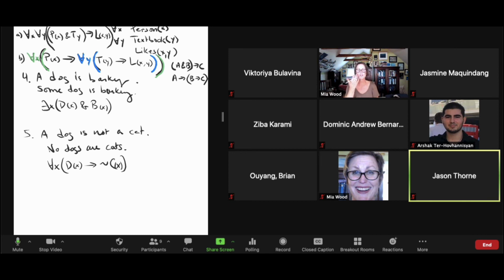So here's a loose way of reading back out the sentence that you wrote. There is something, if it's a dog, then it's barking. What do we think? Are you comfortable with 4 as an existential?